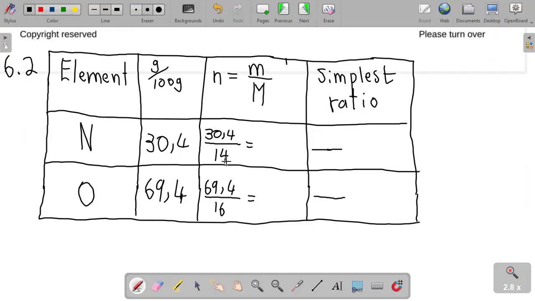So you use a calculator here. 30.4 divided by 14 gives me 2.17.